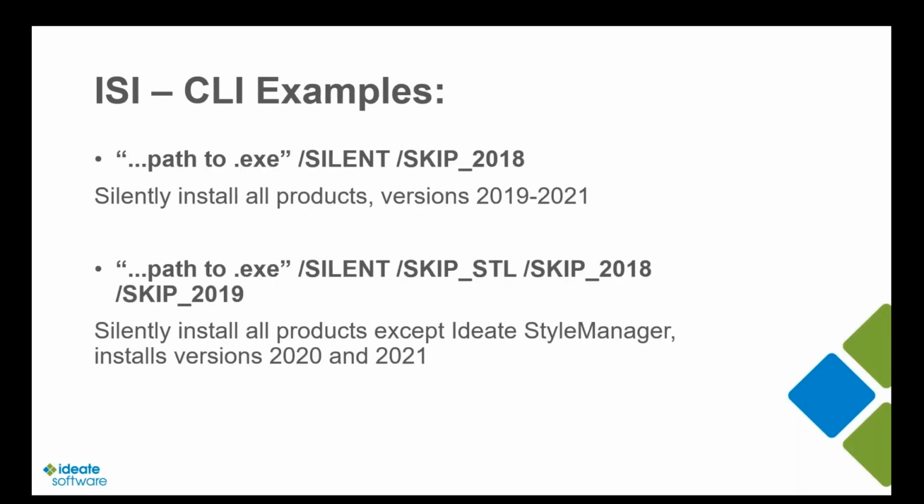As an example, you can have a no 2018, or the second example would be, say, if you have the license and the product for Style Manager, but you want to only give it to certain people, then you would probably want to skip it for the general Revit user.